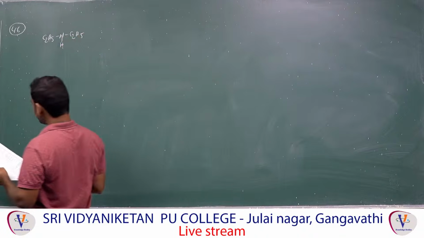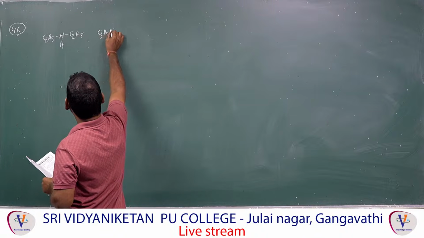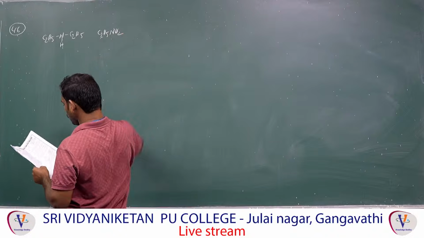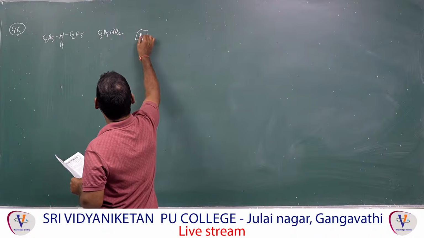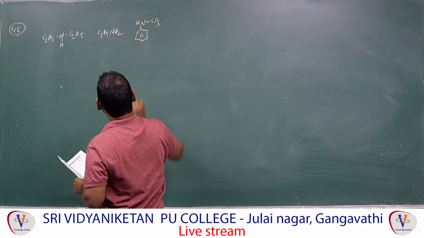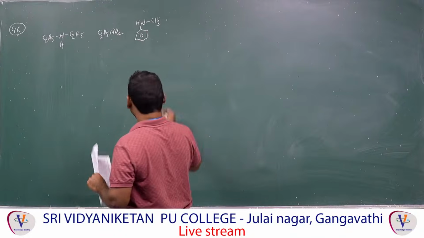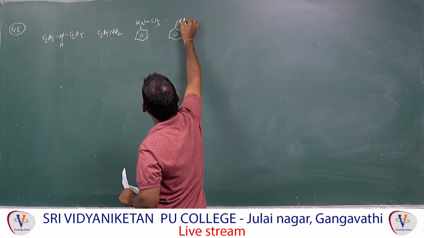N-ethyl ethanamine, that is called secondary amine. Next one is ethanamine, C2H5NH2, that is called primary amine. N-methyl aniline, this is also secondary amine, but in this case it is aromatic. Next one is benzenamine, that is called aniline.